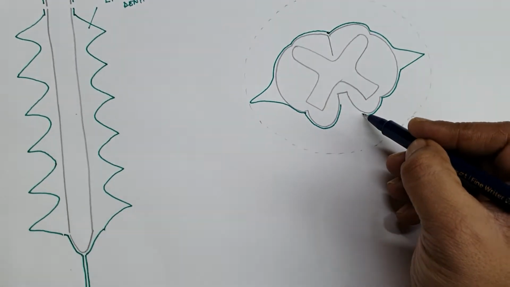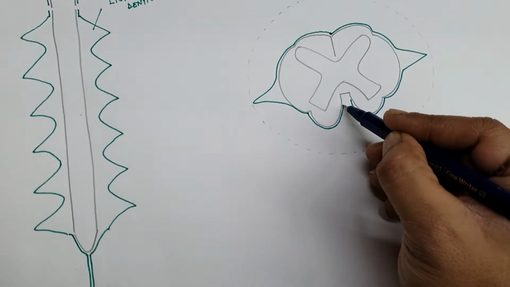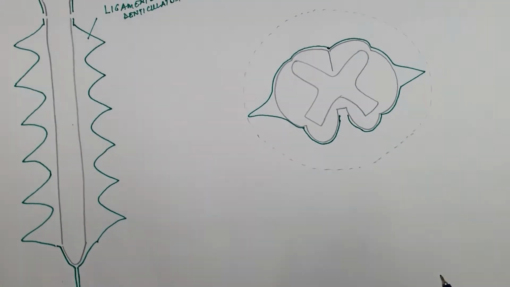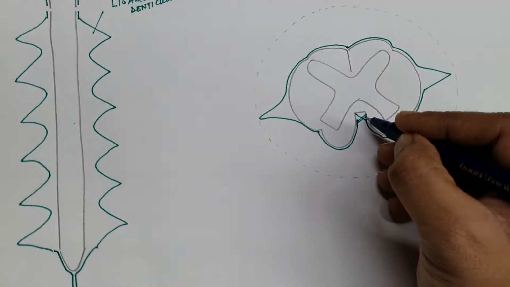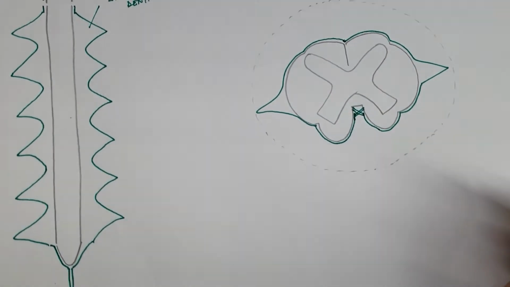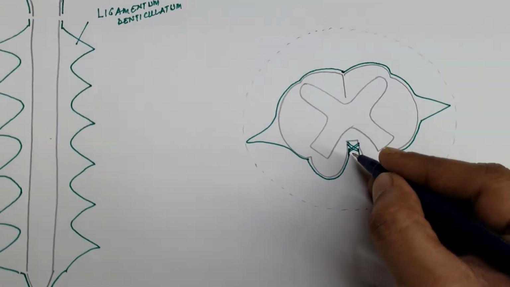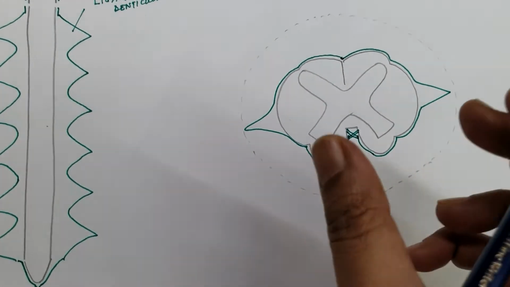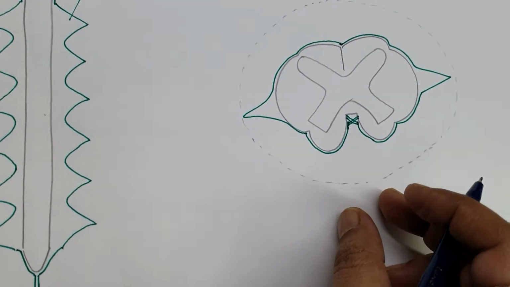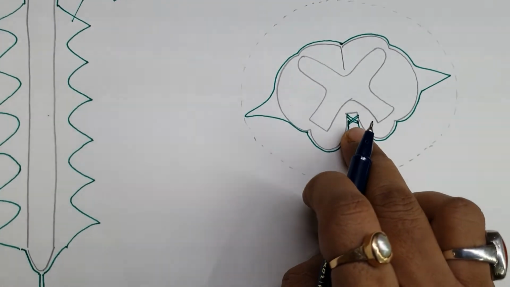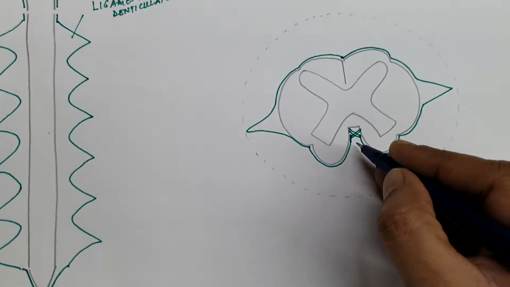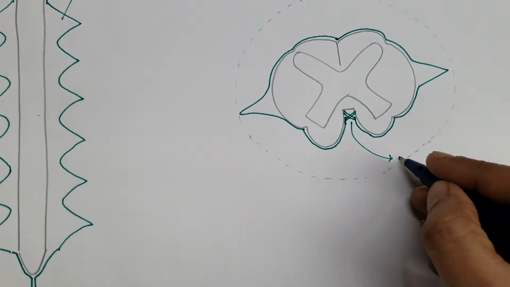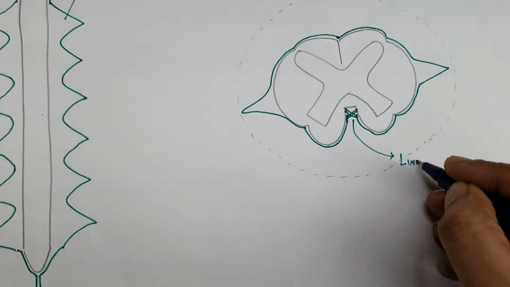But reaching the anterior part, there is a crisscross orientation, and when we consider the spinal cord as a column, this crisscross orientation of the pia mater is known as linea splendens.